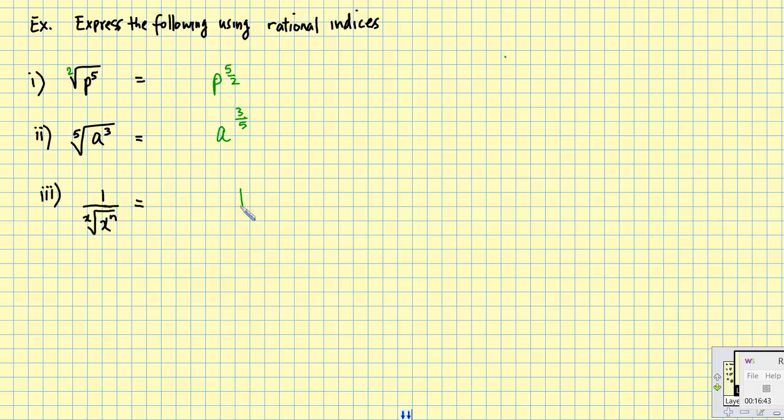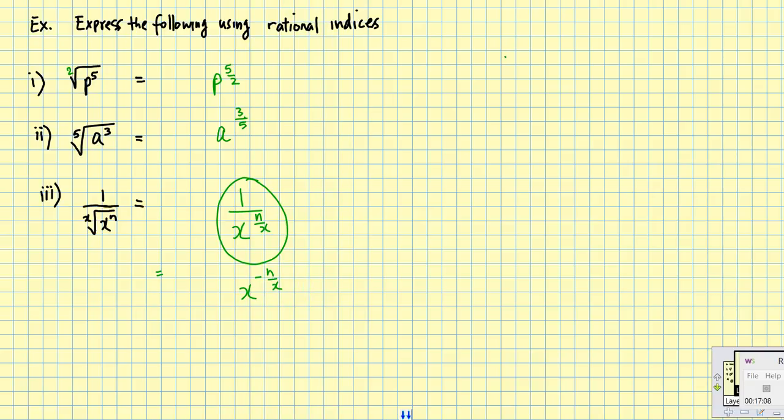It would be 1 over x raised to the power of n over x, but because it's in the denominator, I want to bring it back up to the top. I don't have to, because that would give me a negative exponent. So I could leave my answer like this, that I'm circling, or I could bring this all up to the top and turn it into negative n over x.